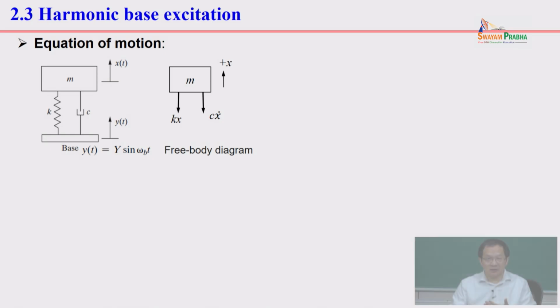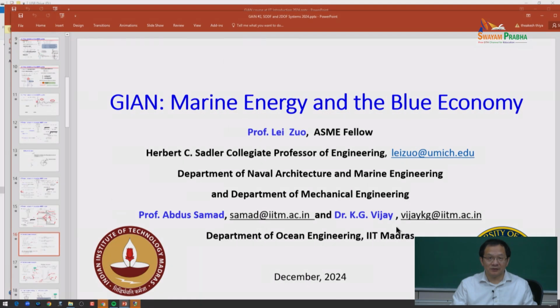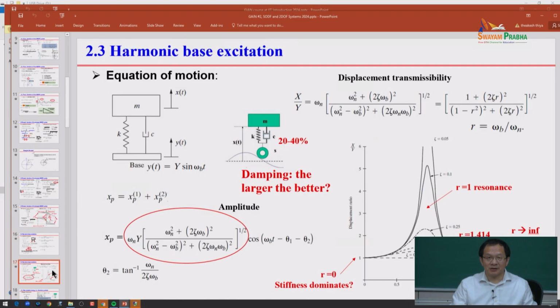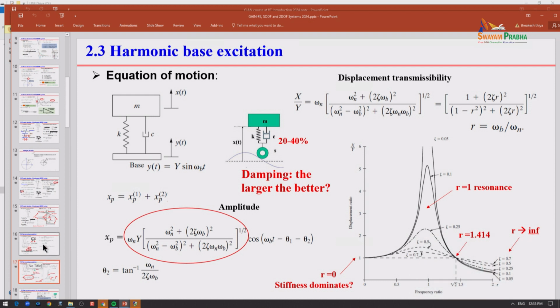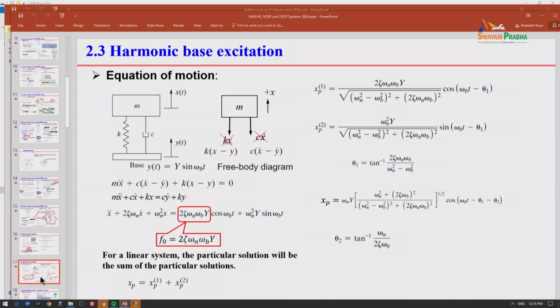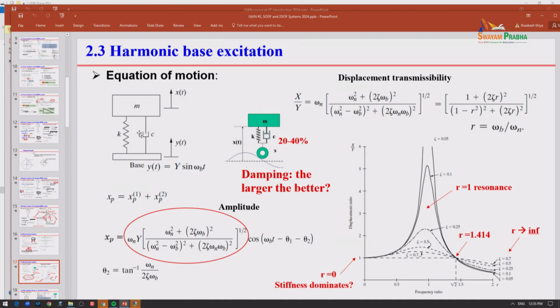Another thing is I skip the base excitation. Let me skip the base excitation. I skip all this type of mathematical equation, but I still like this picture. And nice view.